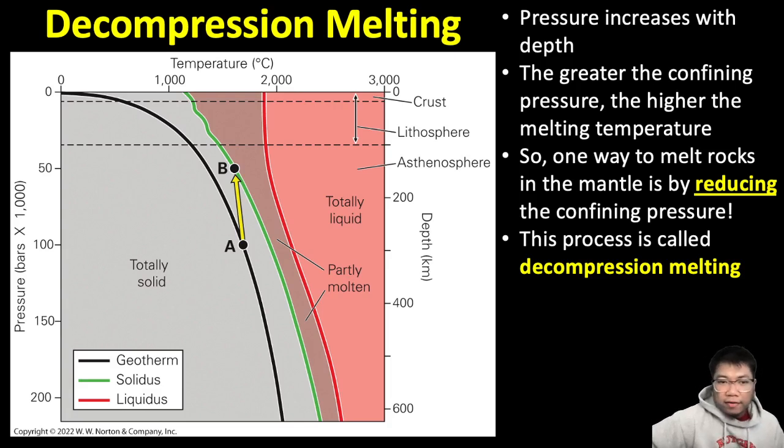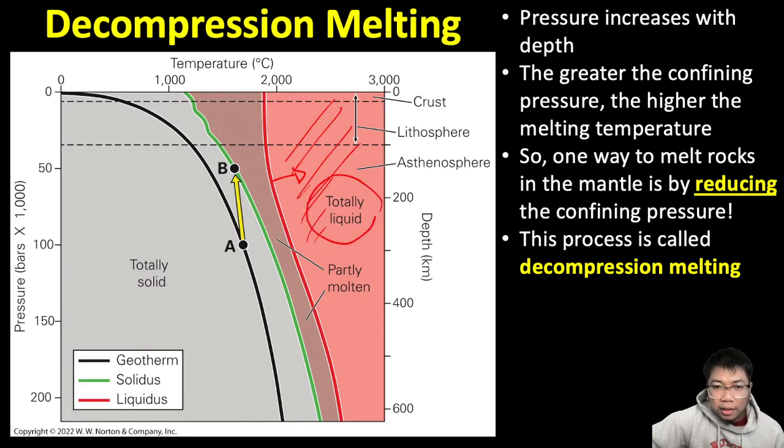So here's a graph of decompression melting. Here's a graph that would help us to understand decompression melting. Let's take a look at these two lines here. These red lines indicate that everything on the right side of it is totally liquid, whereas for this green line right here, everything on the left side of that green line will be totally solid.